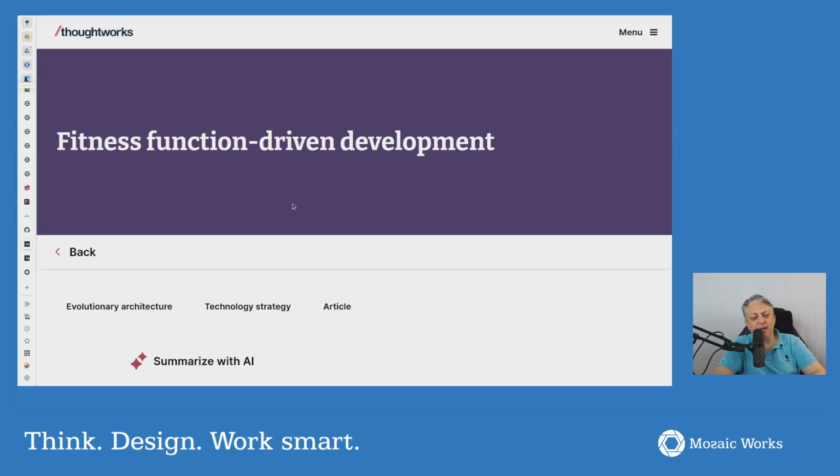Now let me go back a little bit actually to fitness functions, because I think we can do a bit better than the article did. When you talk about performance, one fitness function is response time. When you talk about scalability, you should have number of requests.